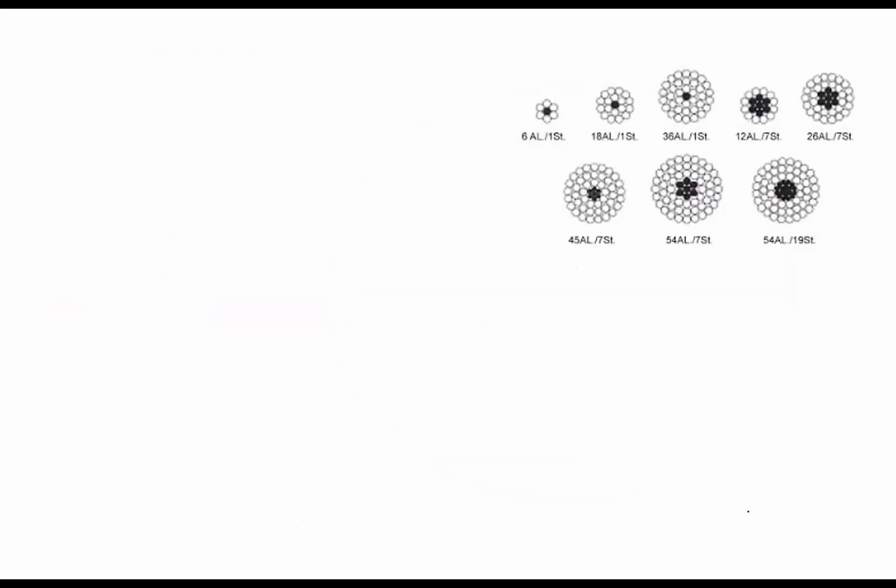Next, one important point which we want to discuss is in the ACSR conductor.